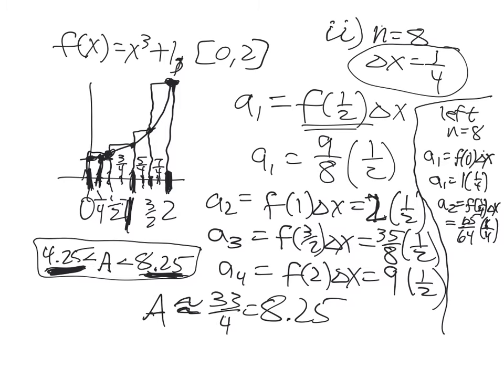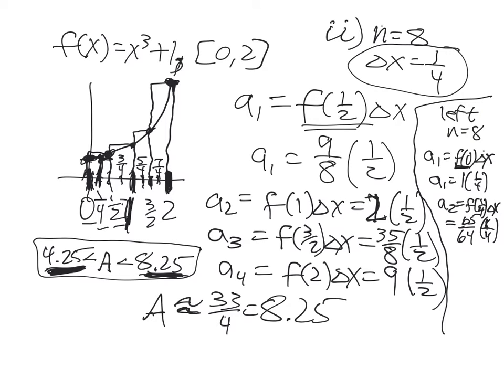What's the difference between left and right? For the left endpoints, we calculate the height of the rectangle by plugging in the x value on the left side of each subinterval. So for the 8 rectangles, we have 0, 1/4, 1/2, 3/4, 1, and so on. To calculate the length, we use f of 0.